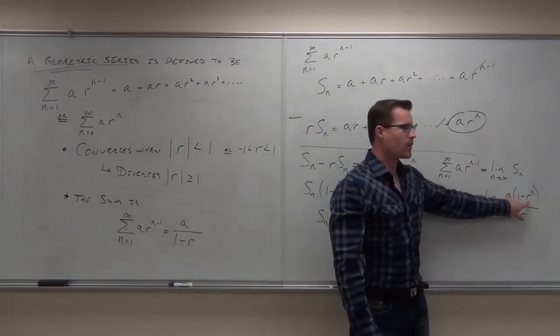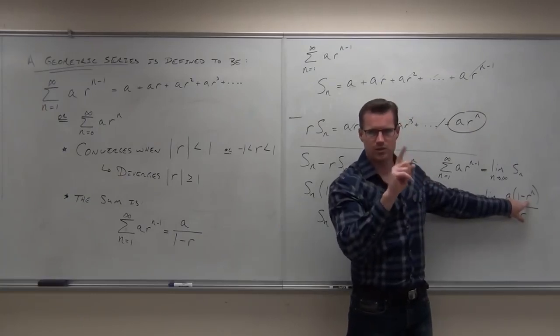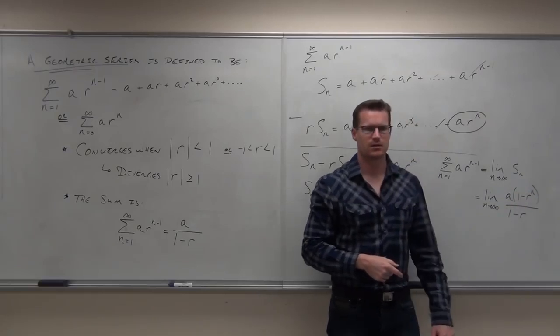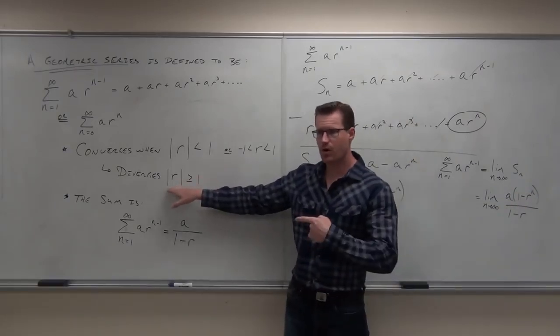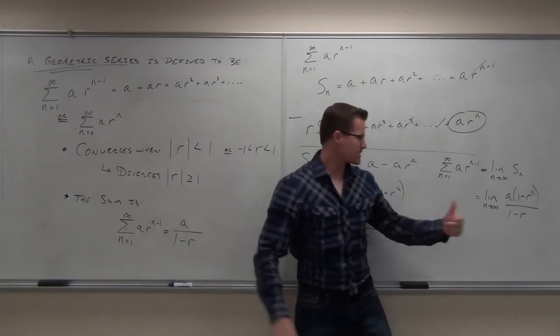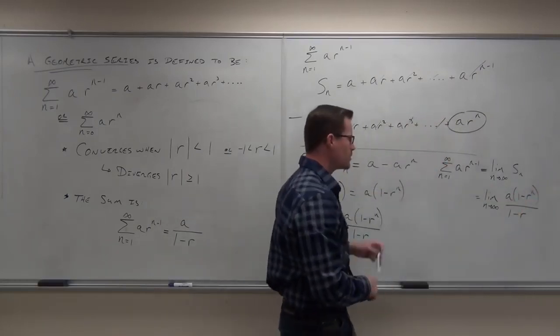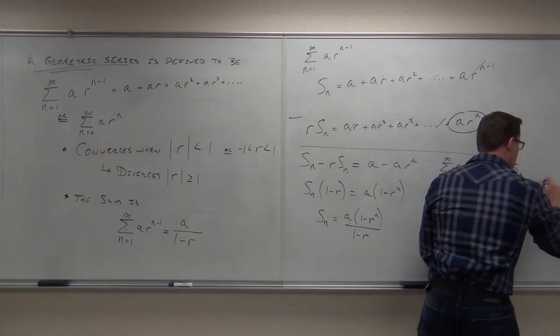Now, let's say r is more than 1. If r is more than 1, like a number like 2, what's 2 to the infinity? It's infinity. That's where this comes from. If your r, in absolute value, is more than 1, you're going to get something that is infinity here. When's the only time in the world you can take a number and take it to the infinity and it's going to give you 0?